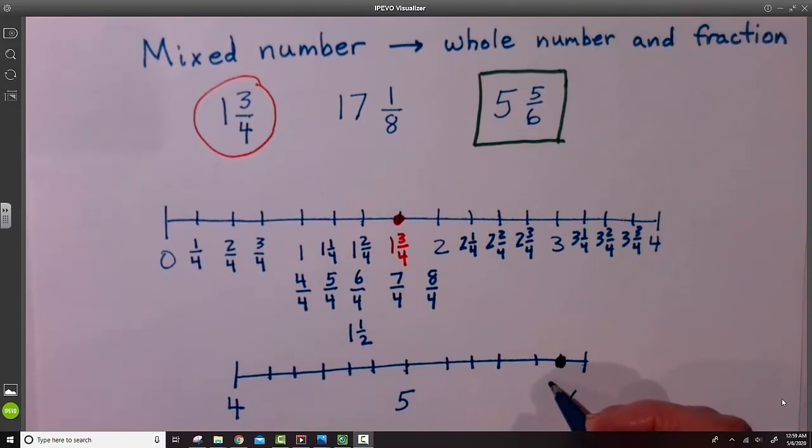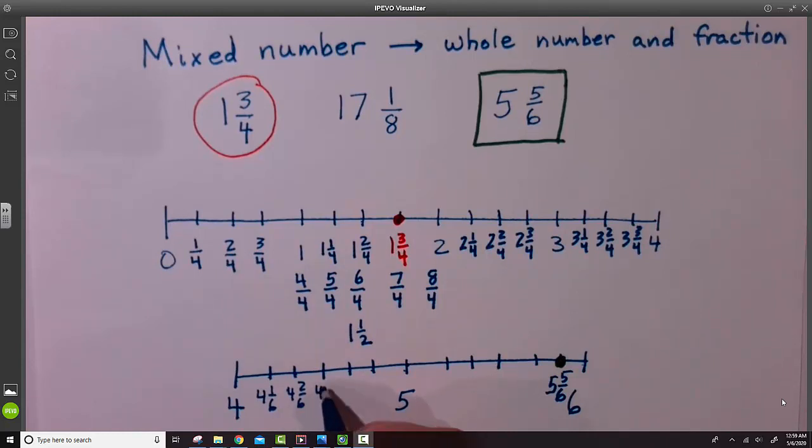So let's be sure, and we'll go ahead and name all of the ticks along the way. So beginning at our whole number 4, we see 4 1/6, 4 2/6, 4 3/6, 4 4/6, 4 5/6, 5.